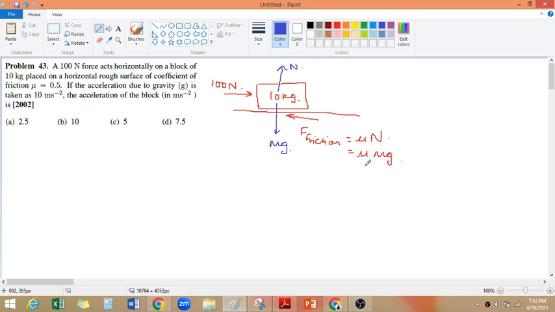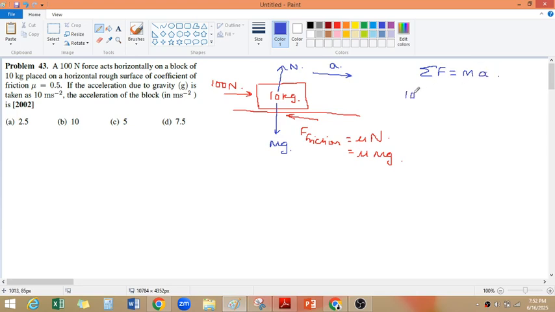Okay, the acceleration of the block. So they're asking you what is the acceleration here. So very simple, sigma F is equal to ma.